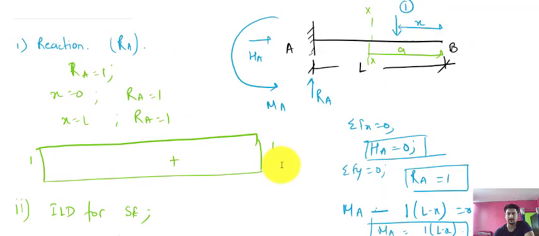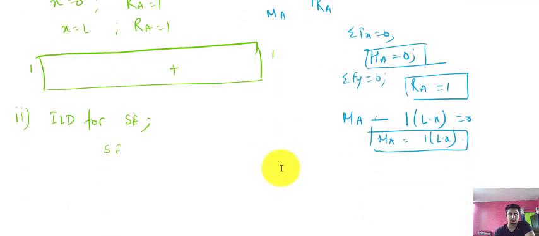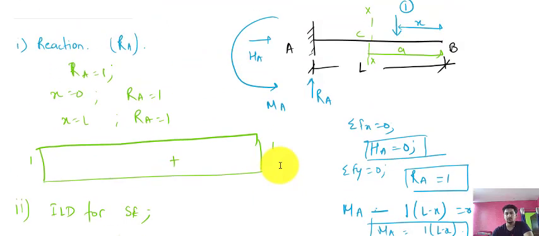Let this point be C here. Okay, so as this point is C, shear force at C will be how much? Put your hand at this point and see the reactions. Shear force at C will be 1.